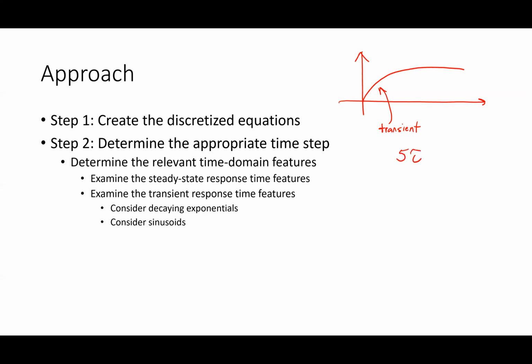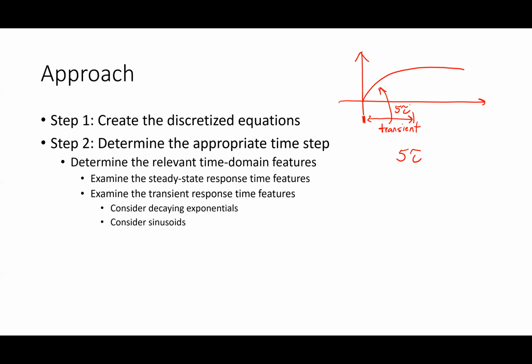So it lasts a time span from here to here of about 5 tau. What do I have to make sure of with my choice for my delta t? If I want to capture that entire changing period, how would I think about my delta t?